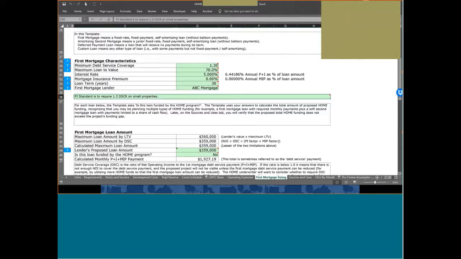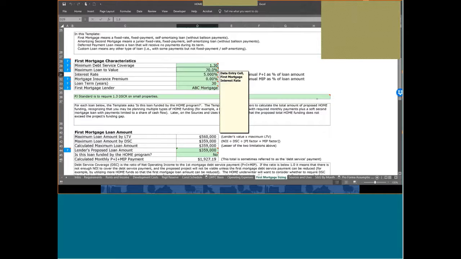And what debt cover means is it's the relationship between the money available to pay debt and the cost of that debt. Or said differently, for every $1.30 available to pay debt, the property will pay $1 toward debt. That's must-pay hard debt service that I'm referring to. So we're going to input that as a controlling parameter in debt sizing.